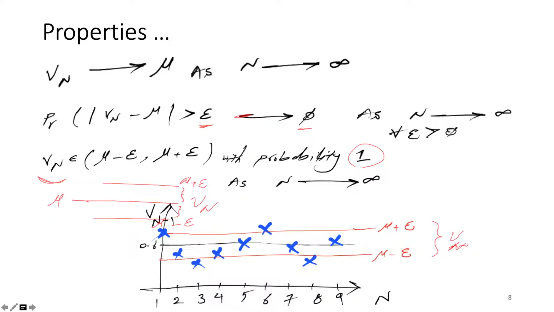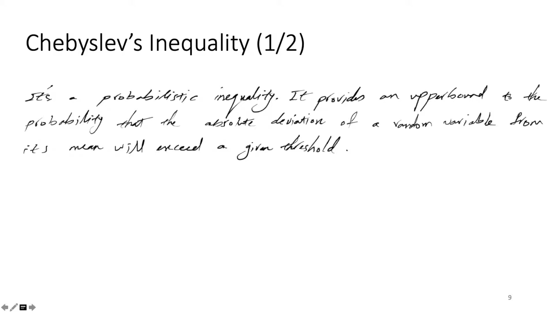Okay, now let's just put all this together and come up with a new rule or a new inequality. So we call it Chebyshev's inequality. It basically defines that the absolute deviation of a random variable from its mean will exceed a given threshold, right?